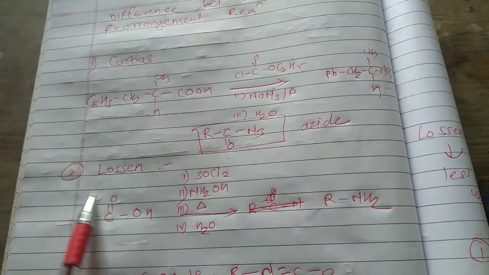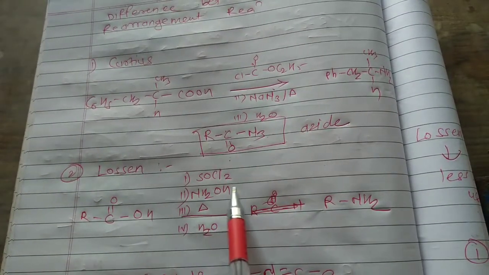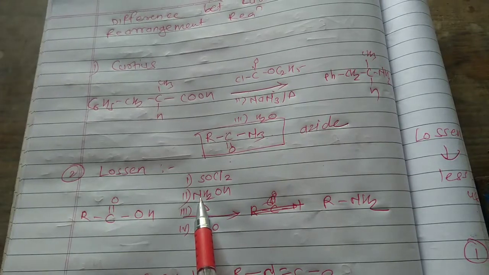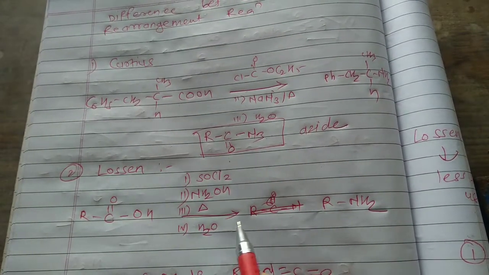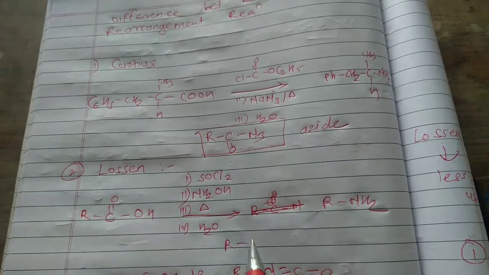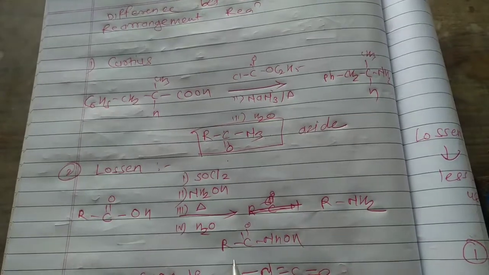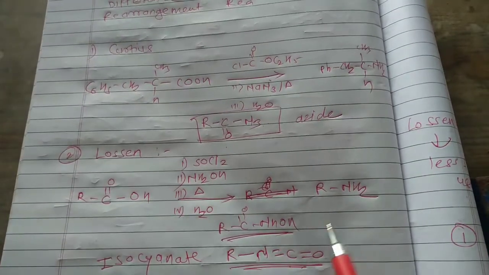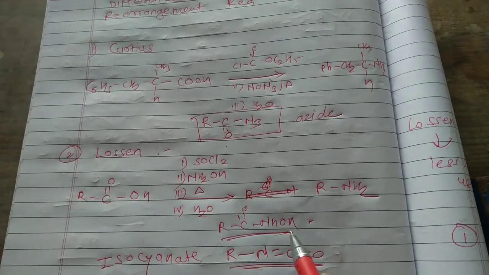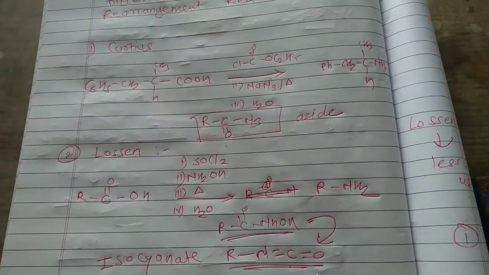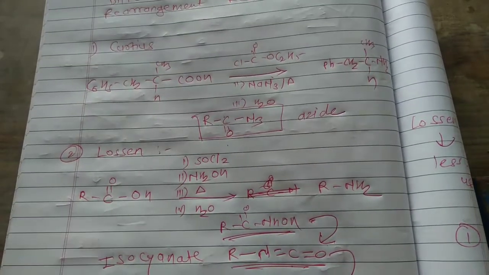And in the Lossen rearrangement reaction, the acid is treated with hydroxylamine. Then there is a formation of the reactive precursor, that is RCONHOH. This RCONHOH is the reactive precursor for the formation of the isocyanate, and then this isocyanate gets converted to the amines.